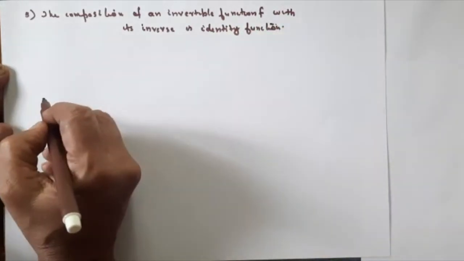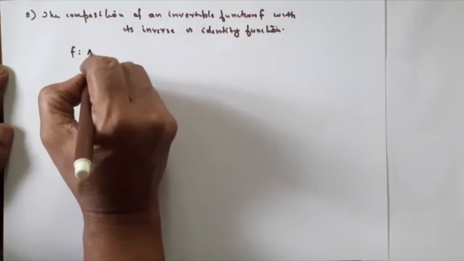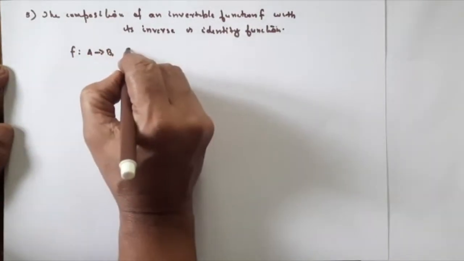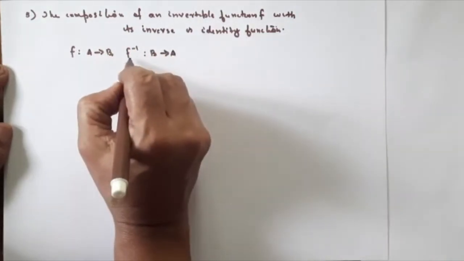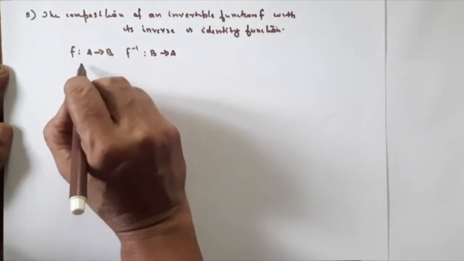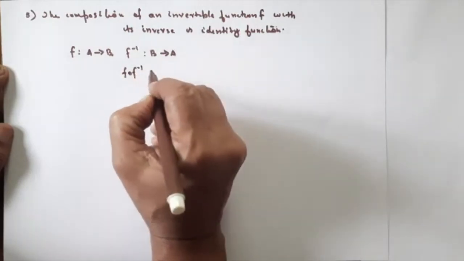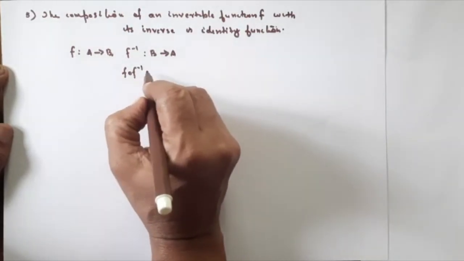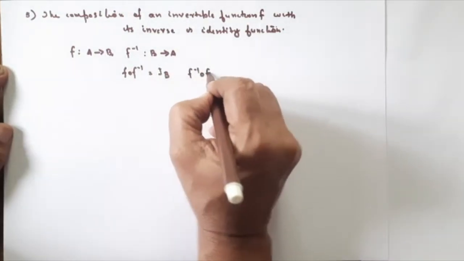What is the meaning? Let f be an invertible function from A to B. Then what is f inverse? f inverse is a function from B to A, and remember, f inverse is the inverse of f. We need to prove that f dot f inverse, which is a function from B to B, equals I_B, and f inverse dot f equals I_A.